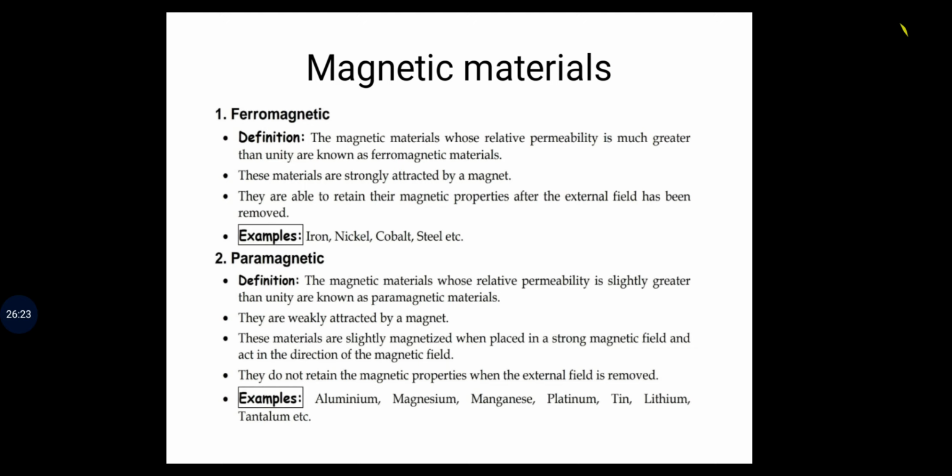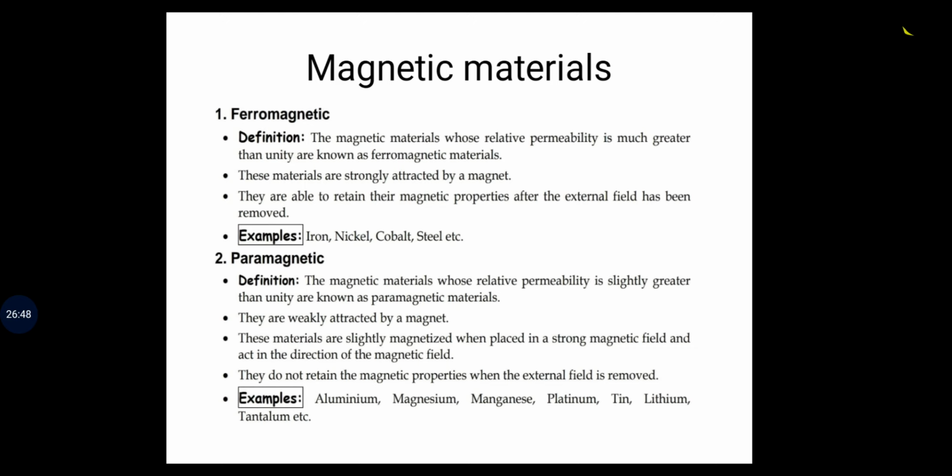These materials are magnetized when placed in a strong magnetic field and act in the direction of the magnetic field. But the magnetic properties of this material are not retained when the magnetic field is removed.